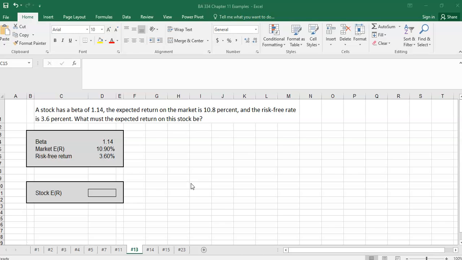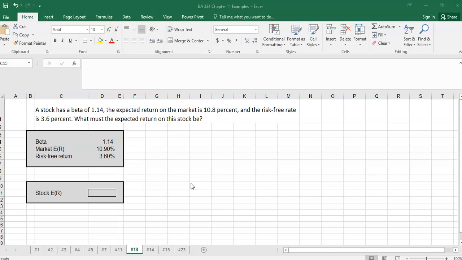So if you have your formula sheet for chapters 10 through 11, you see that the security market line is the expected market return minus the risk-free rate divided by beta. And so we're going to rearrange that equation.